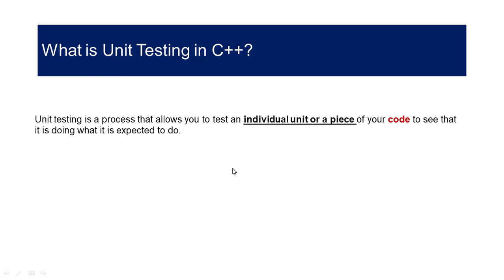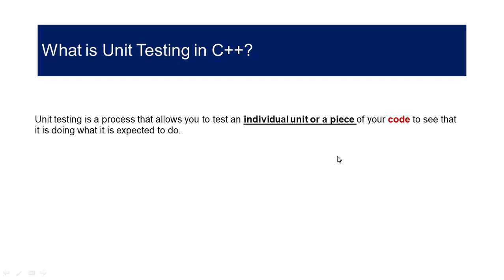What is unit testing in C++? Well, unit testing is a process that allows you to test an individual unit or a piece of your code to see that it is doing what it is expected to do. In software development, unit testing helps you to detect if a piece of code, such as a function, class, etc., is behaving as it is expected to.